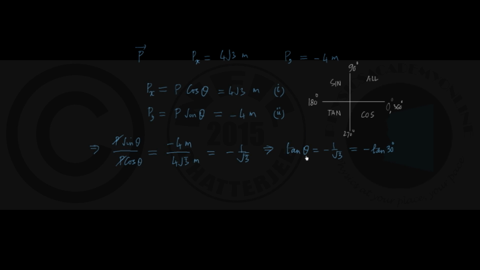So we have found tan theta is minus 1 by root 3, a negative value, which means theta should be an angle in either the second quadrant or the fourth quadrant, because in the first and third quadrant tan is a positive thing. So let's recall the formulas on that, which we'll be listing now.